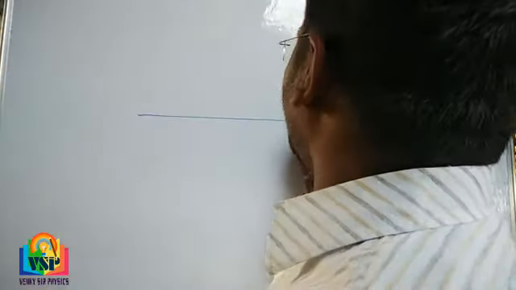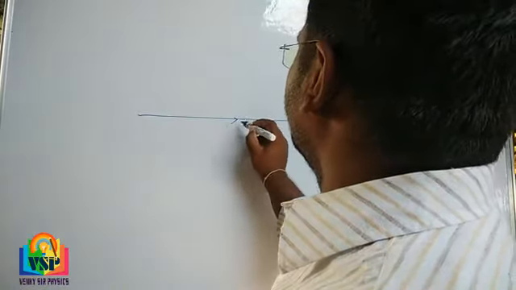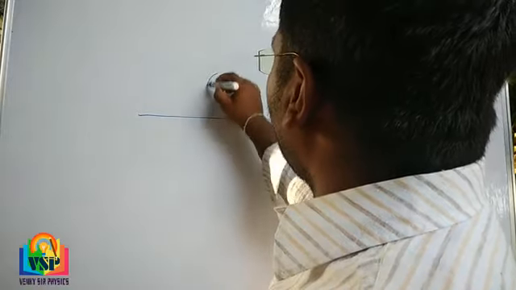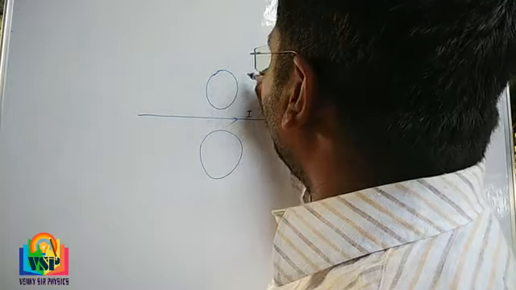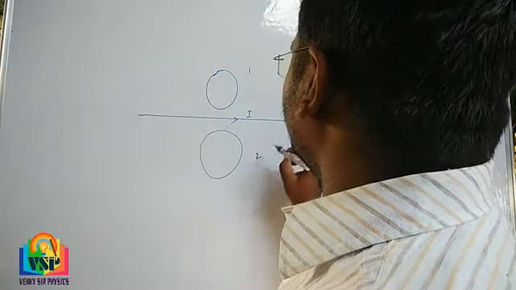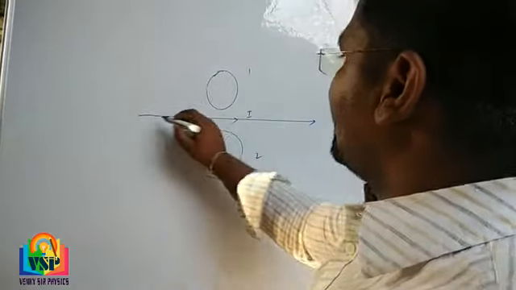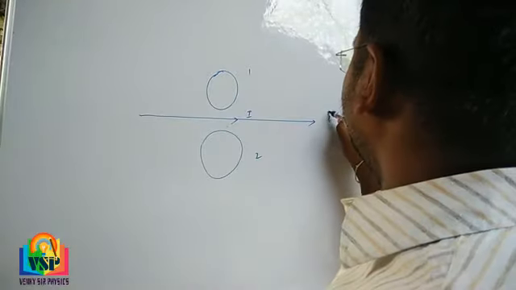This is a current carrying conductor, current is passing. Above and below we have to take metal ring 1 and ring 2. So the current I passing through the conductor increases.